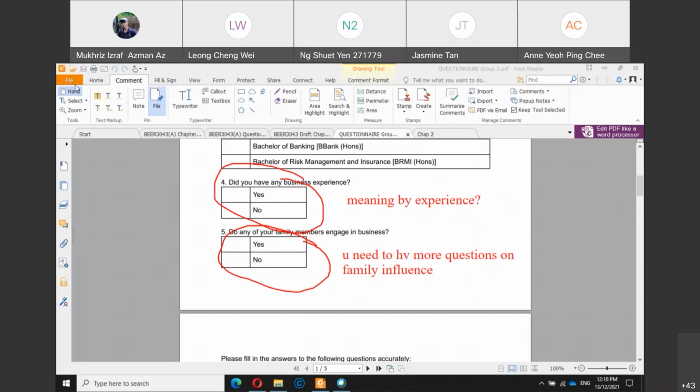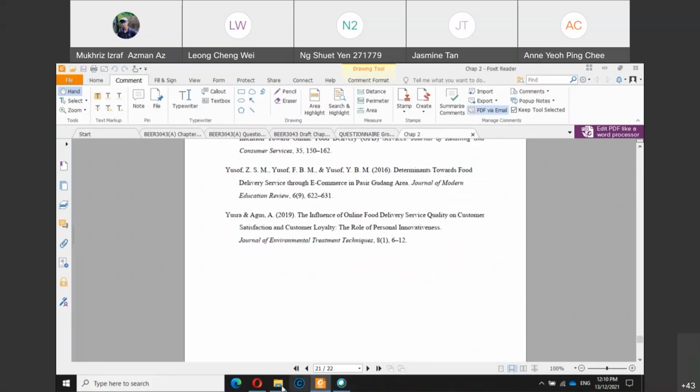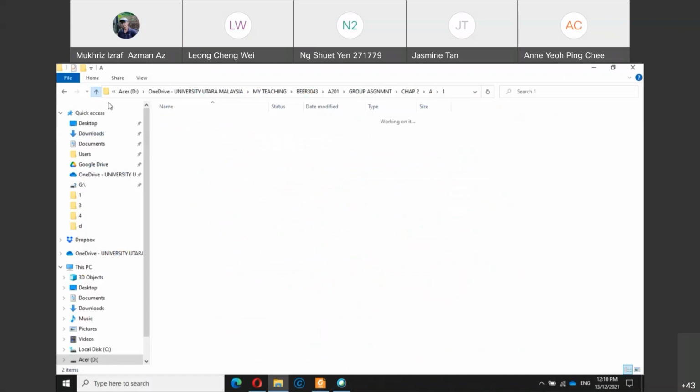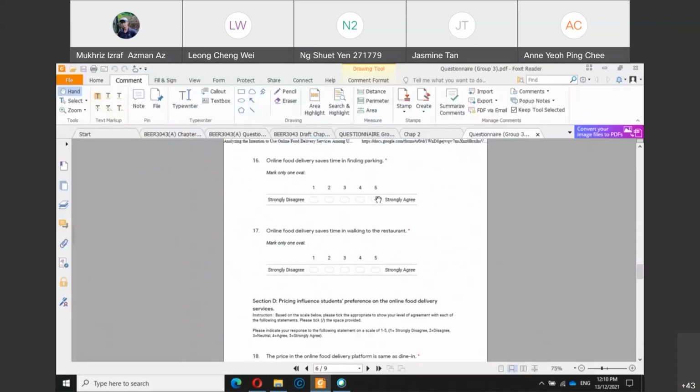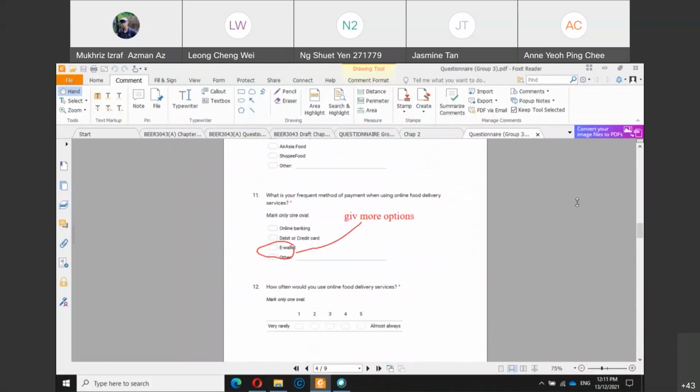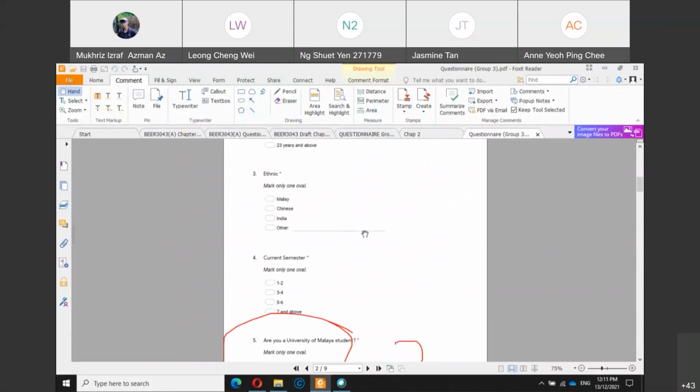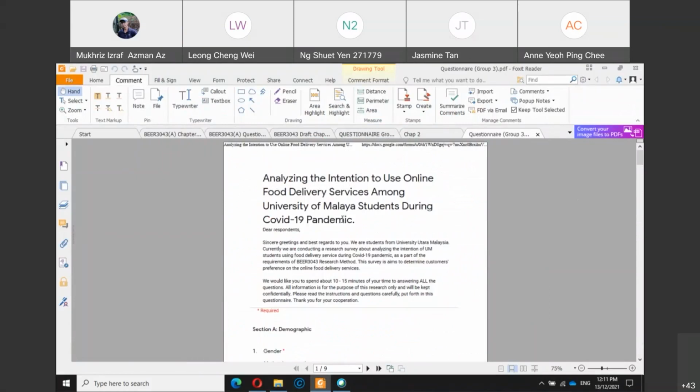Okay, so these are my questions. You need to modify the sections on this. That is for group number 2. For group 3, same also. Group 3, also don't send me your questions based on the Google Form format.